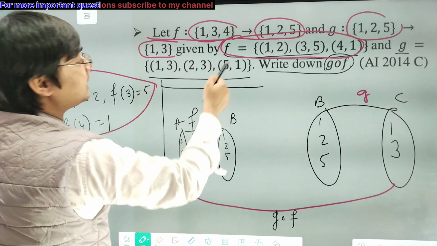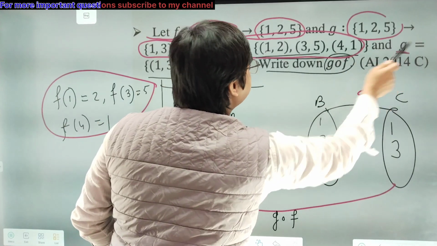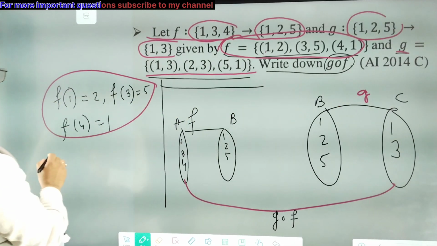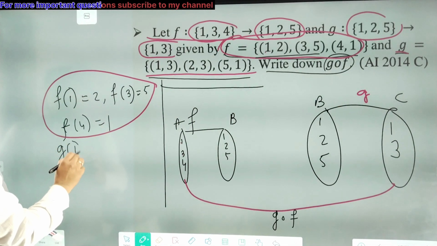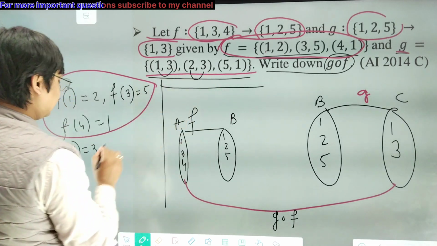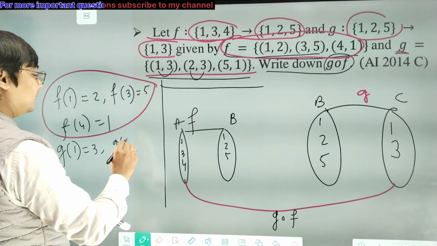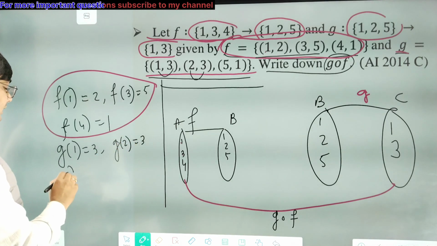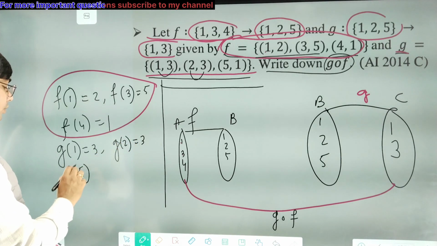And similarly here you see g is this function. What will be g of 1? This is 3, because 1 is paired with 3, and 2 is paired with 3. That means g of 2 is 3 and g of 5 is equal to 1.